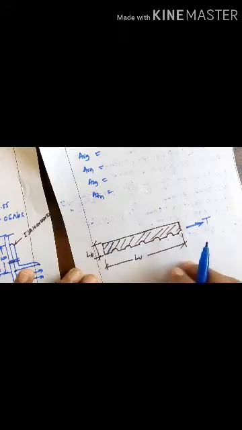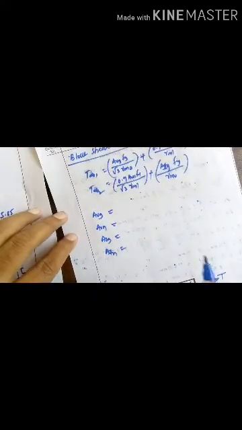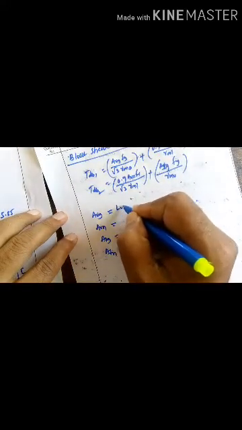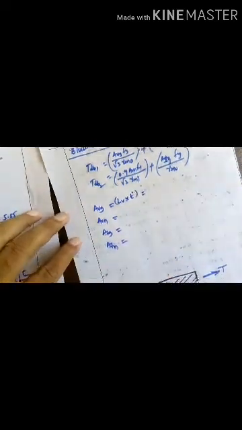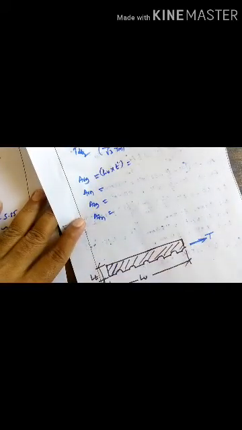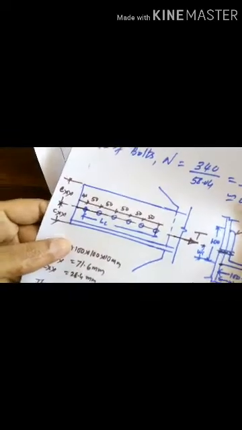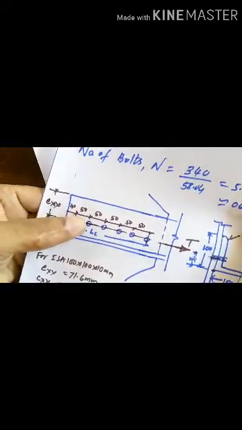Then how to calculate this shear area? Shear area to be calculated is LV into gross shear area into T. How much is LV? Here you have to calculate LV: 40 plus 5 into 50.